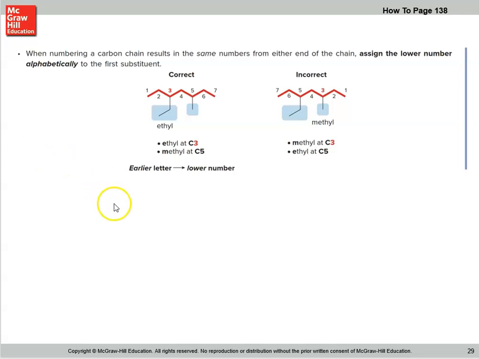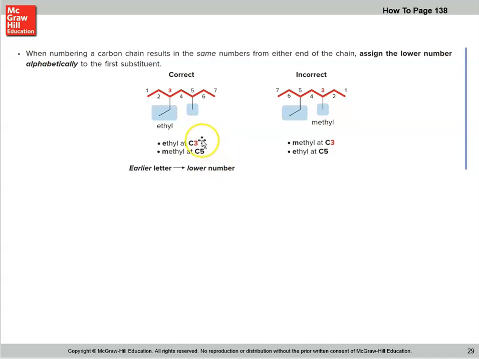When we number these, here's another different way to look at this. We have a hexane, a 7 long chain. We're going to count from left to right or right to left. We count 1, 2, and 3, an ethyl group, 4, and 5, a methyl group.